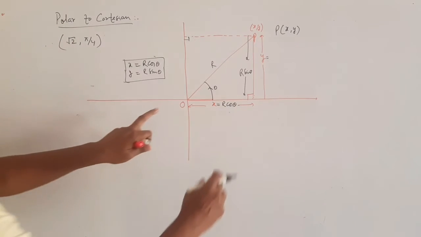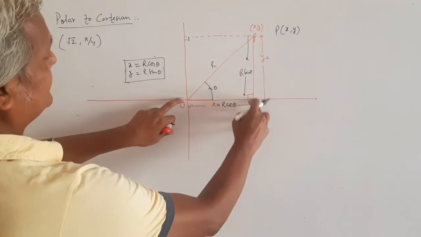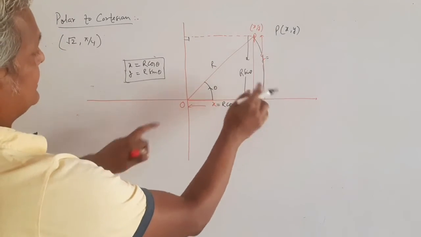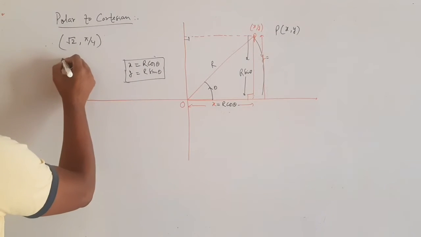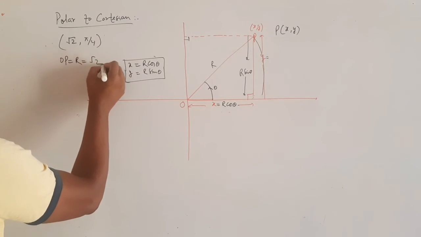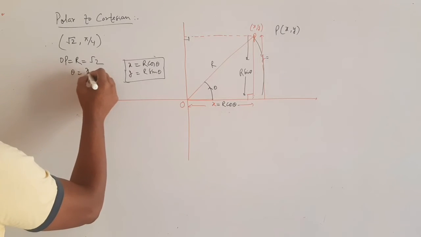Root 2 is this distance, OP, that is r, is root 2 and theta is pi by 4.